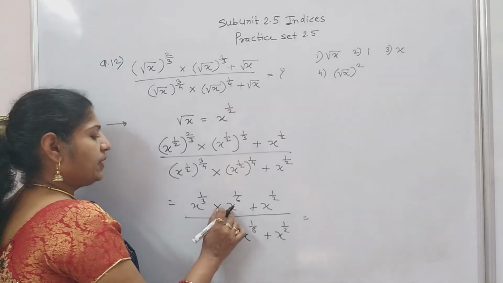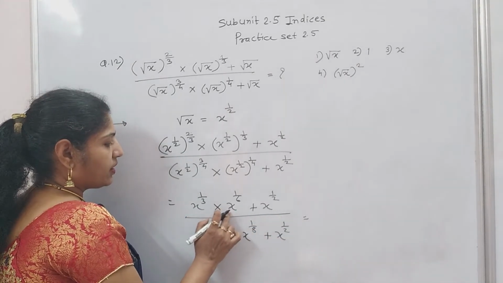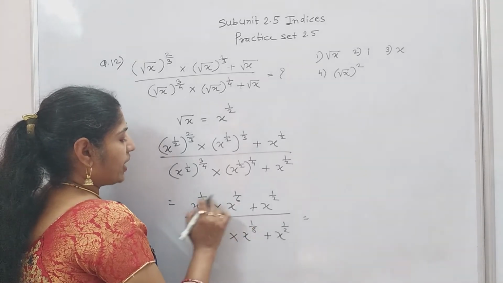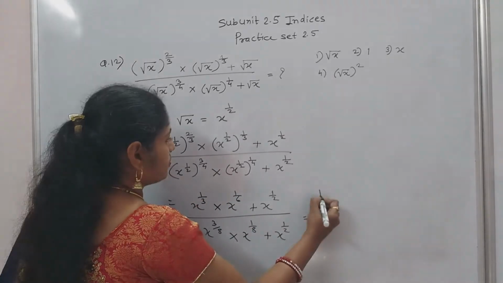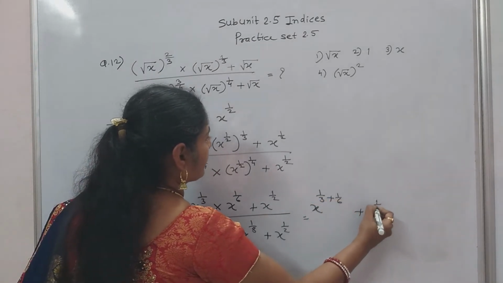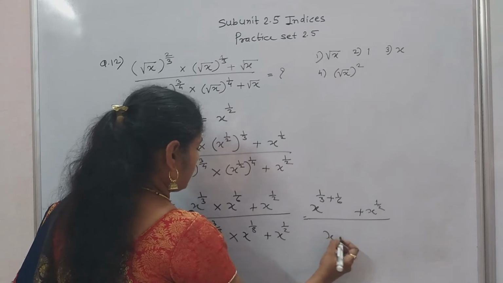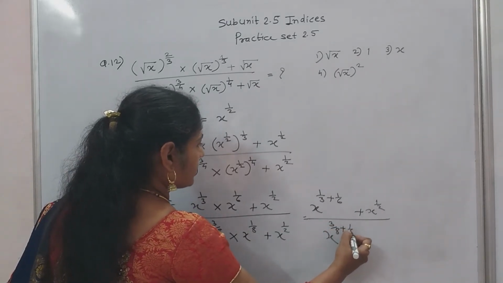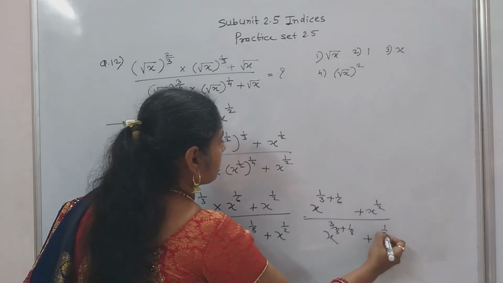Now multiplication of these two, a raised to m into a raised to n, addition of index, that is x raised to 1 upon 3 plus 1 upon 6. Three upon 8 plus 1 upon 8 plus x raised to 1/2.